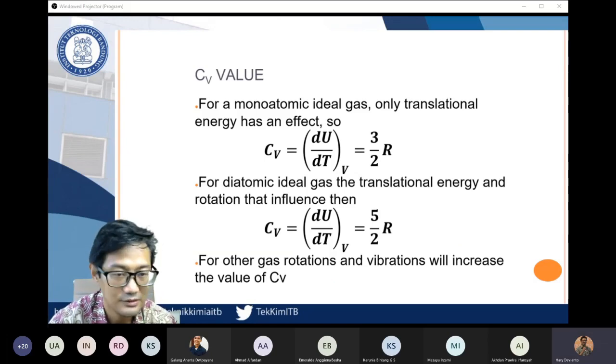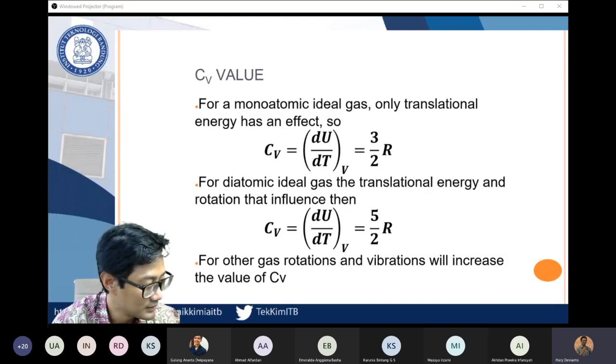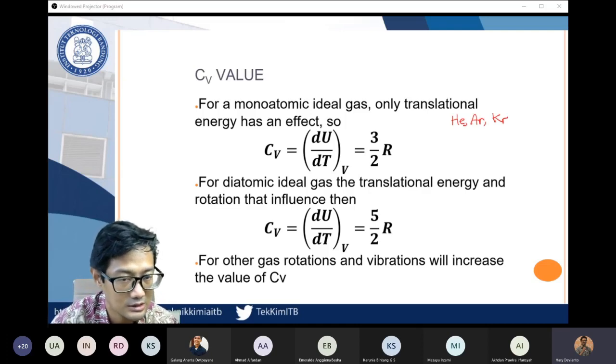When I explained about ideal gas, remember that there are two types that normally occur, monoatomic and diatomic, or other types. For the monoatomic ideal gas case, examples are helium, argon, krypton, and so on, because one molecule consists of only one atom.